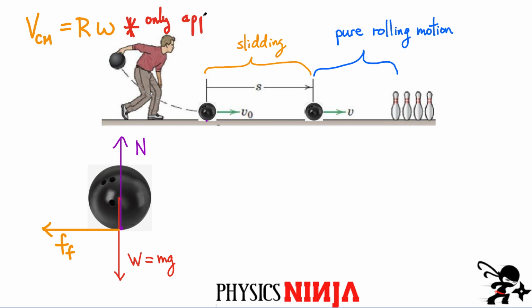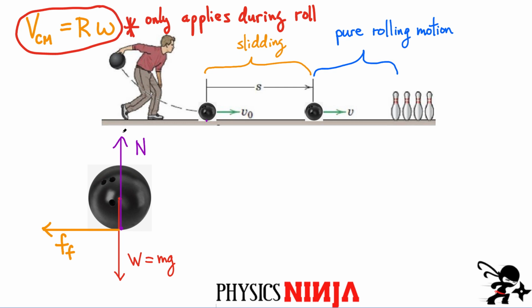Let me write that down. This is so important to understand. It only applies during roll, during pure roll. It doesn't apply when there's any skidding or sliding going on. So for this particular problem, I could not apply this equation during the first segment, the sliding portion.